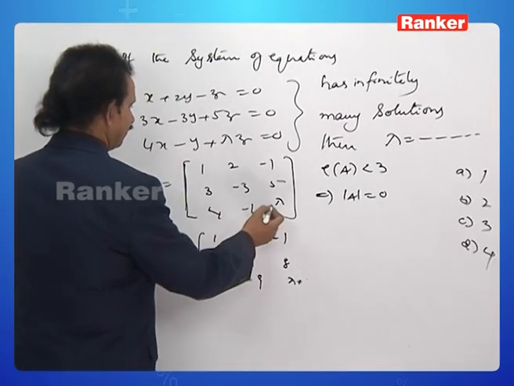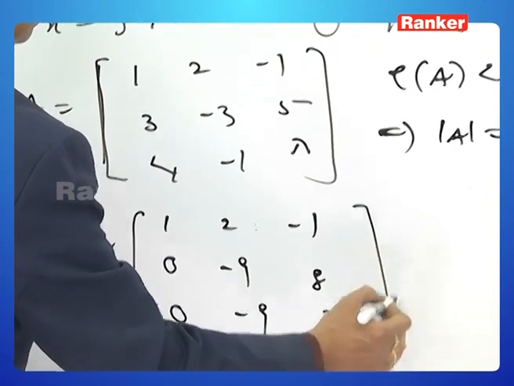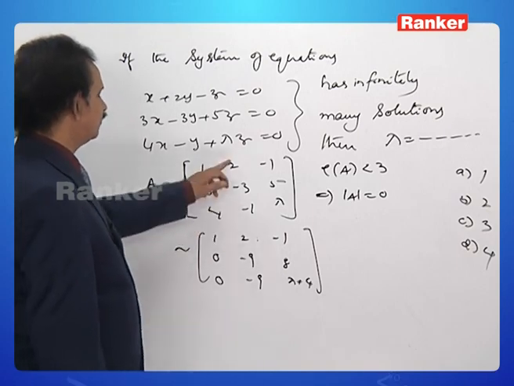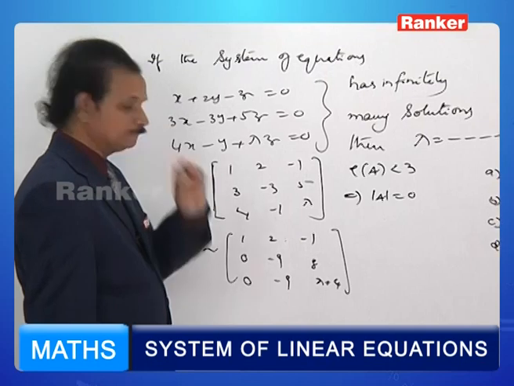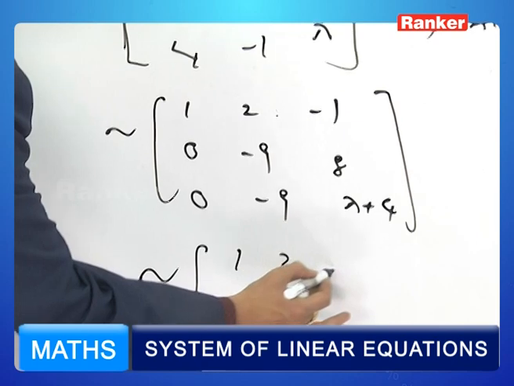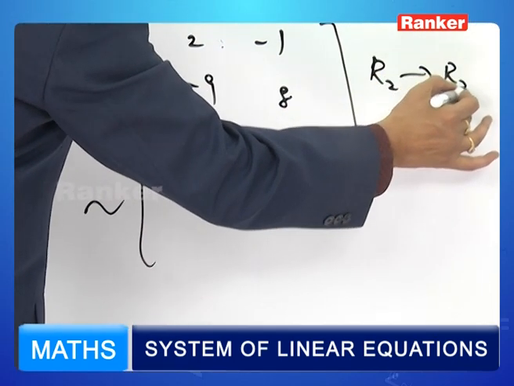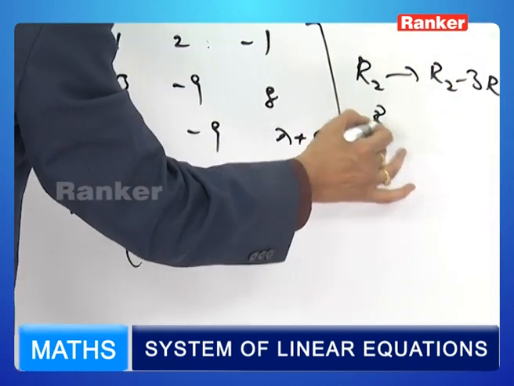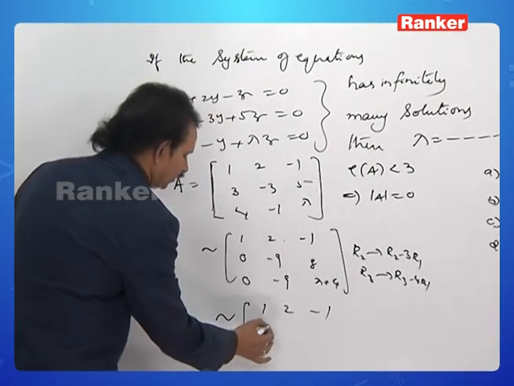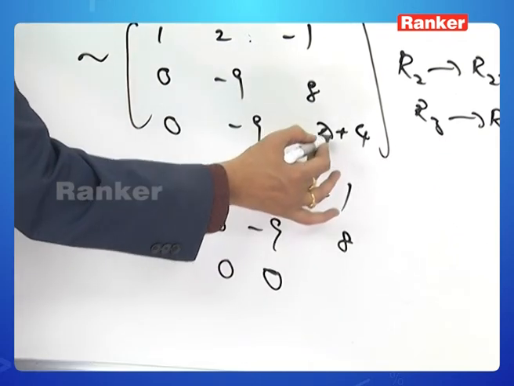Isn't it? 4 minus of minus 4, minus 1 minus 2, lambda minus of minus 1. Good. Again, 1, 2, minus 1. How could you get this step? R2 changed as R2 minus 3R1. R3 changed as R3 minus 4R1. 0, minus 9, 8, 0, 0, lambda minus 4.